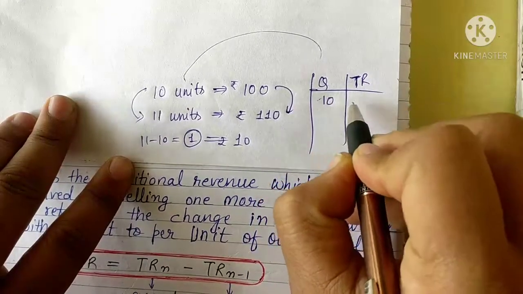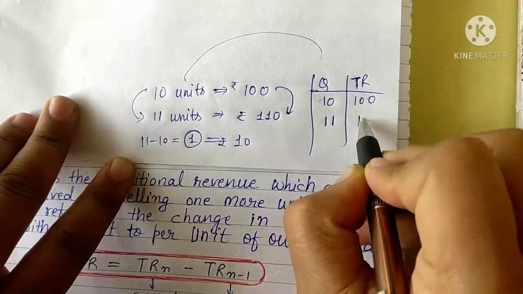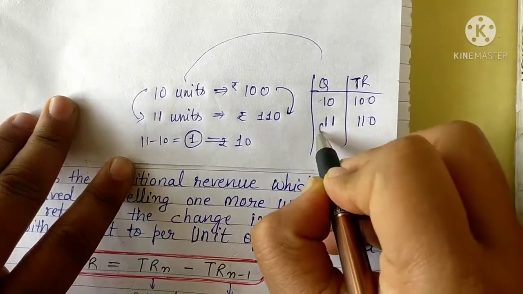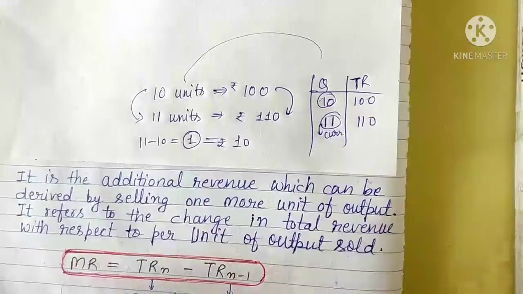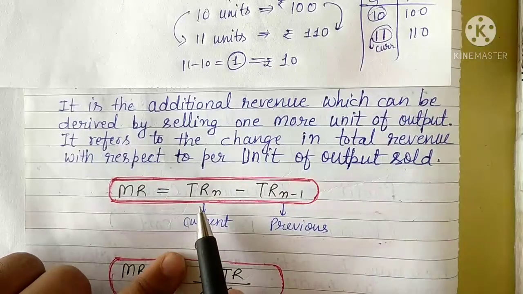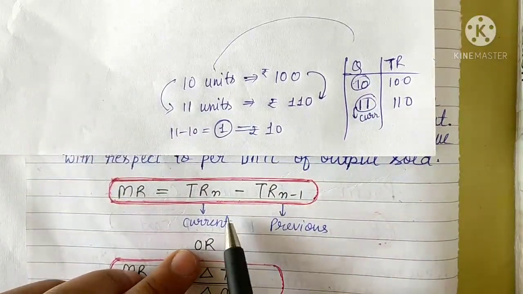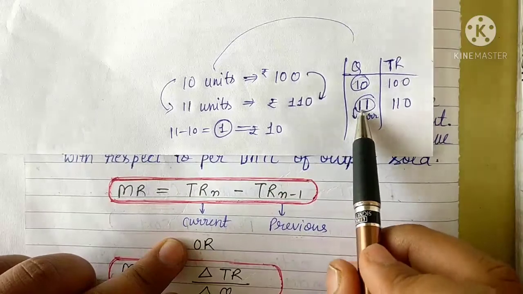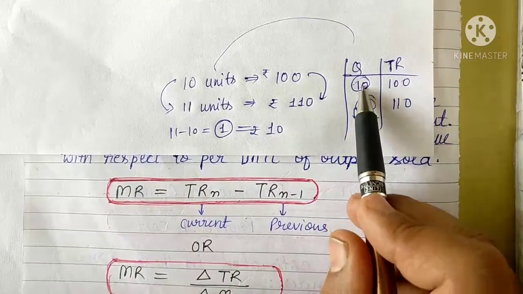Earlier I am selling 10 units, so I am getting 100 rupees. Now I am selling 11 units, so I am getting 110 rupees. This 11 is my current unit, and this 10 is the previous unit. So the formula says MR equals TRn minus TRn-1, current minus previous.